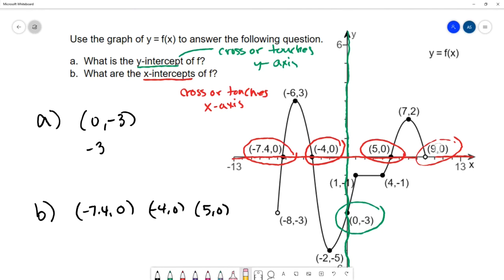Only because that point is drawn with an open circle is why we don't include it. If it were drawn with a closed circle, that would be a point where the graph touches the x-axis, and we would include that as an x-intercept. So for this example, we would type -7.4, -4, 5 as our x-intercepts.